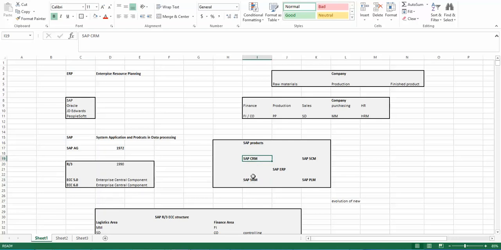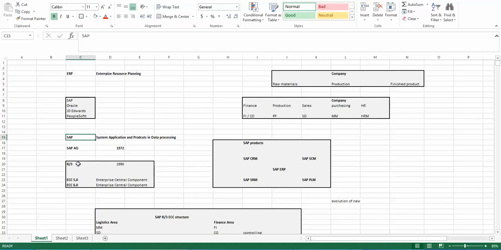CRM is customer relationship management, SRM is supplier relationship management, etc. The name of the company is System Application and Products and Data Processing, which means it uses the system applications and the various products to process the data so that it converts into useful reports. So SAP is just an acronym, the name of the company as well as the product. It was founded in 1972.